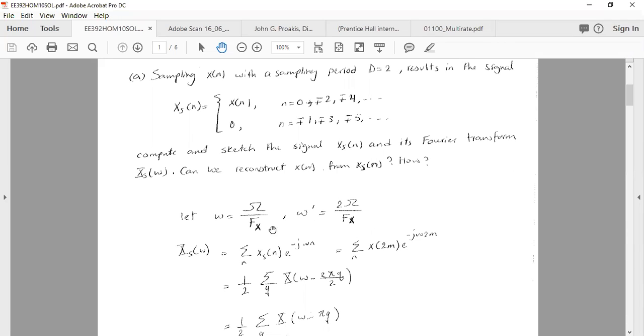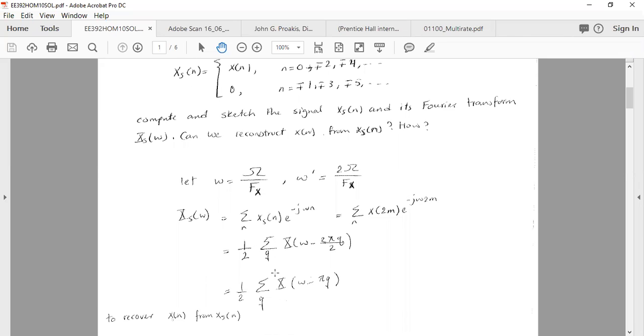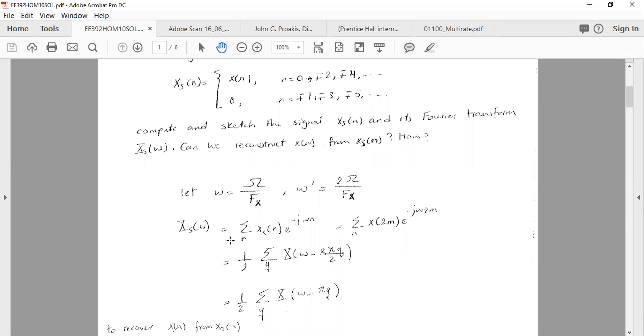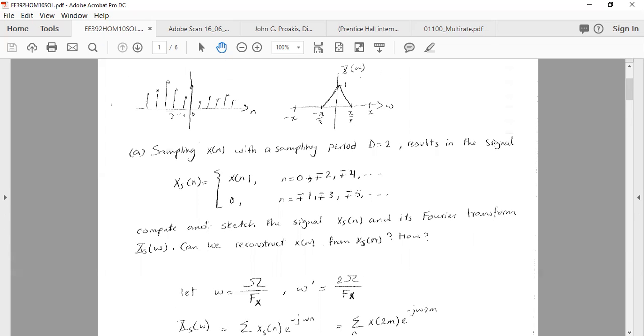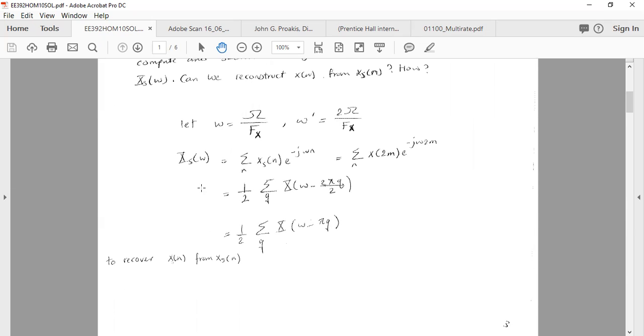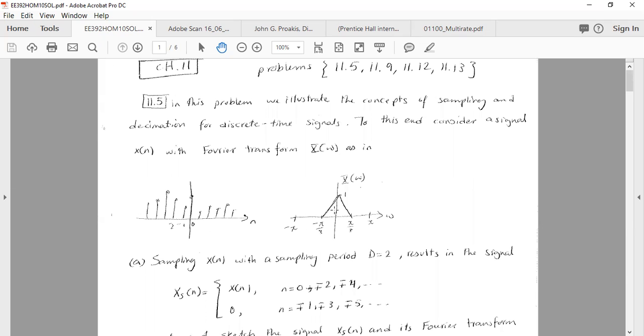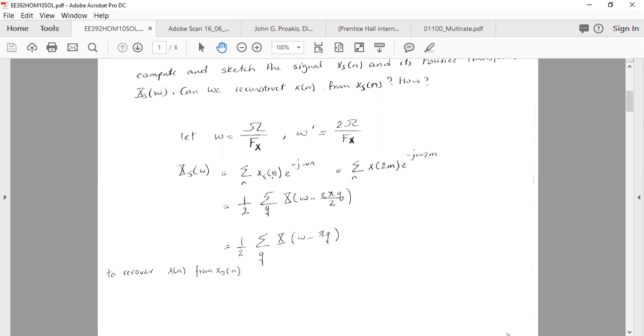However, in order to derive the Fourier transform Xs of omega in terms of the original frequency response, that is X of omega, in terms of this particular graph, what we need to do is to rewrite this xs of n, right?